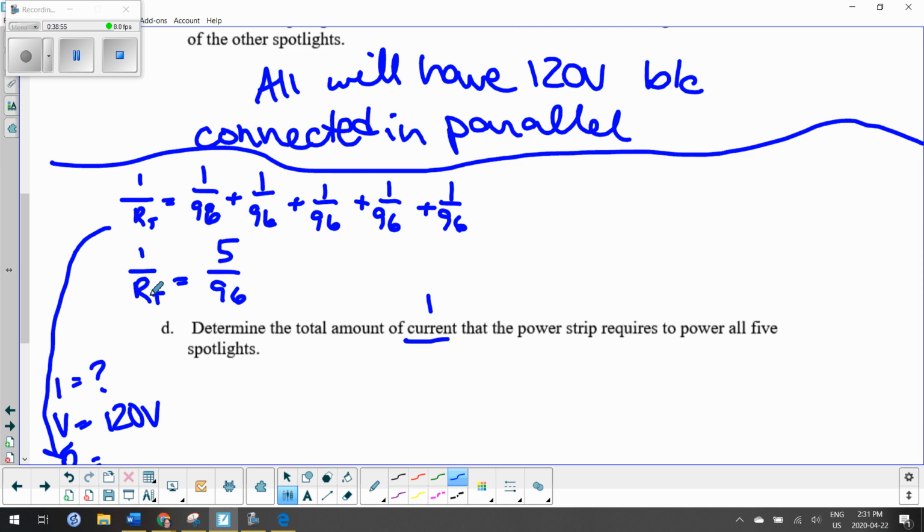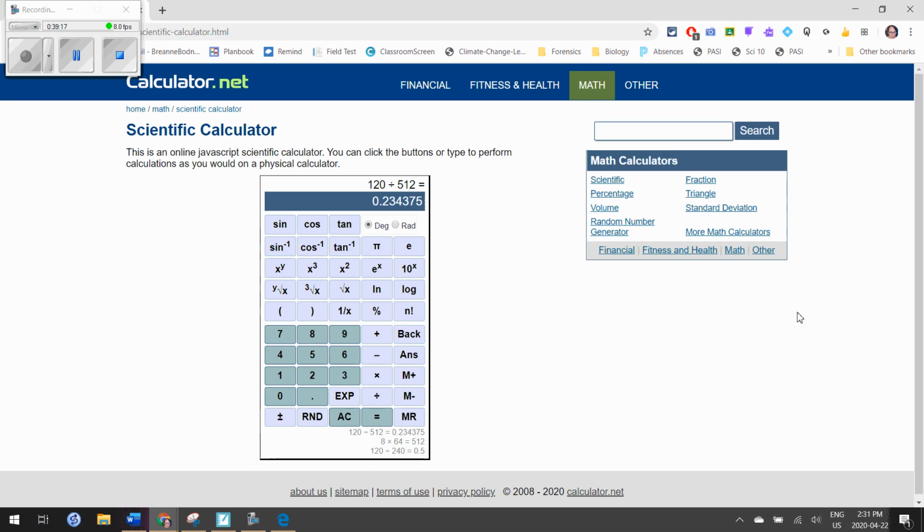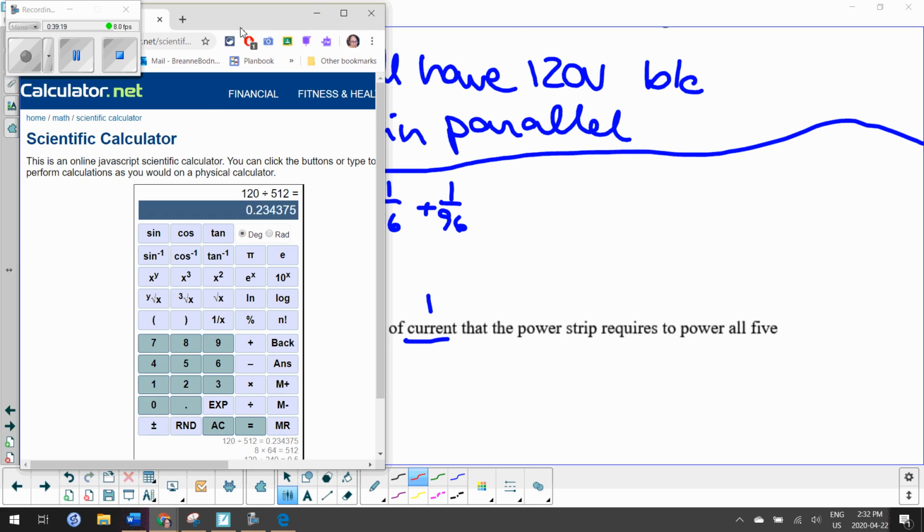I still need to get RT by itself. So this is where you would cross multiply and divide. Step 1, you're going to multiply these two. Step 2, you're going to divide that answer. So in your calculator, I'll pull it to this side so that you can actually see what I'm doing.